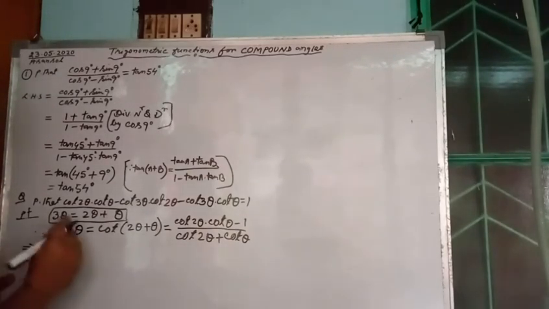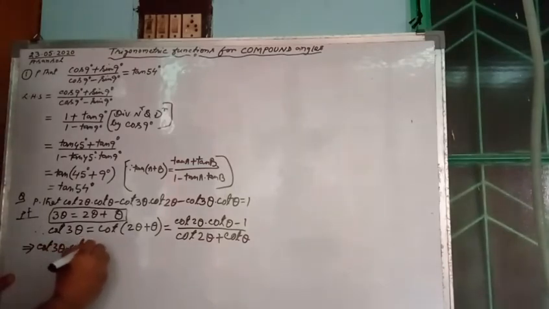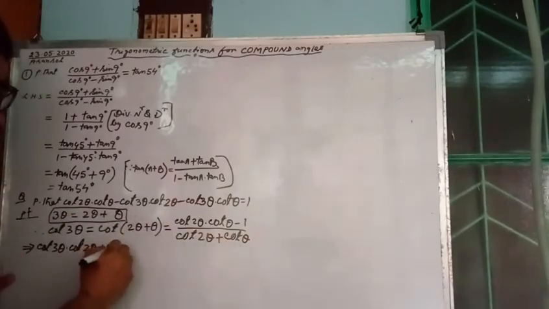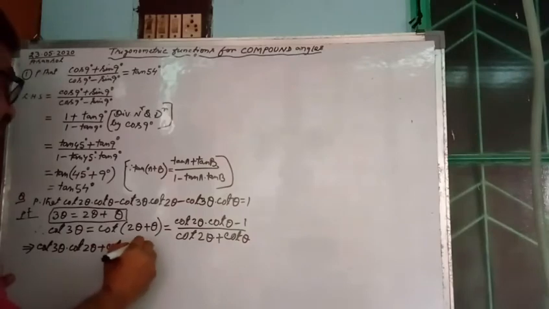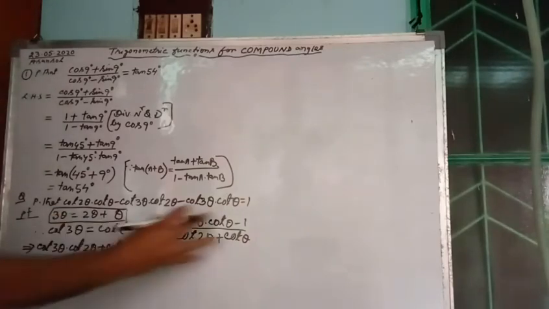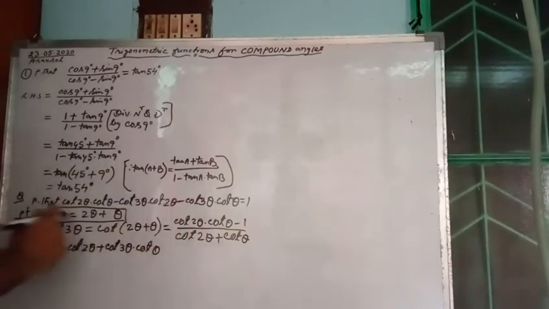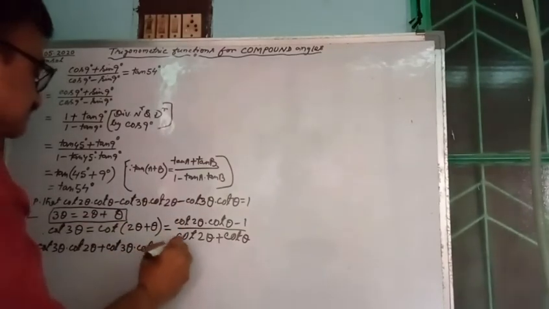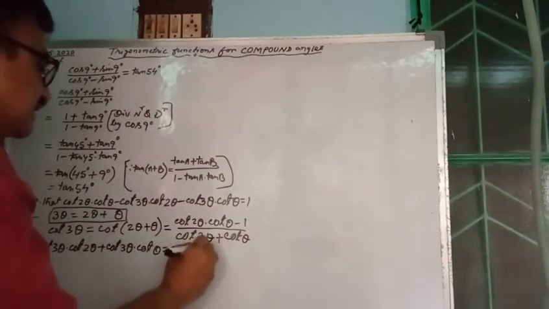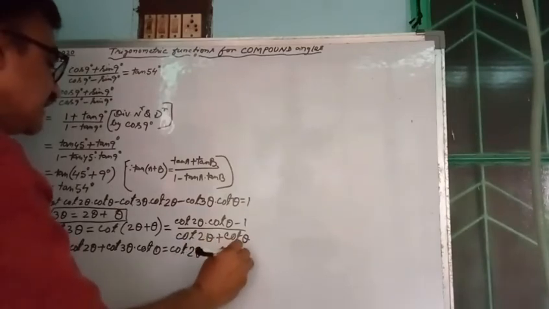After cross multiplication we will get cot 3 theta into cot 2 theta plus cot 3 theta into cot theta, equal to this into this, cot 2 theta into cot theta minus 1.